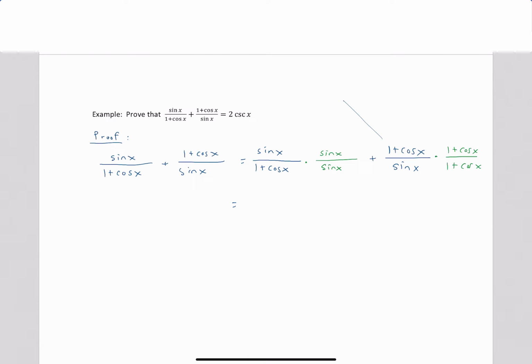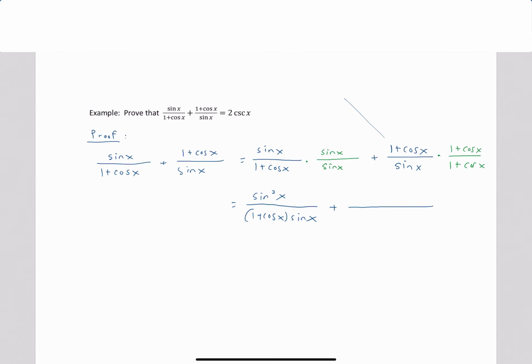Now let's start working on simplifying this. Okay, so the first fraction, if I multiply them, gives me sine squared of x over 1 plus cosine of x times sine of x. And I am not going to distribute the sine of x into the 1 plus cosine of x because I'm thinking that in a future step I may be able to cancel. Now, if I can't cancel and I need to, I'll eventually distribute the sine in, but oftentimes just leaving things factored is the most efficient thing to do.